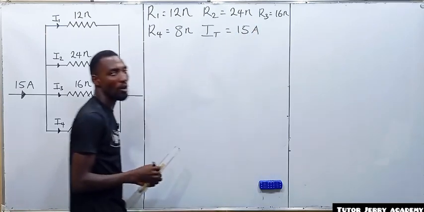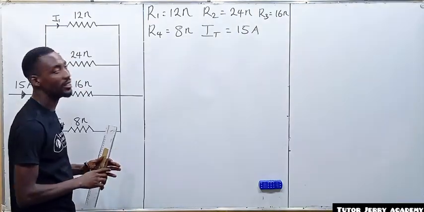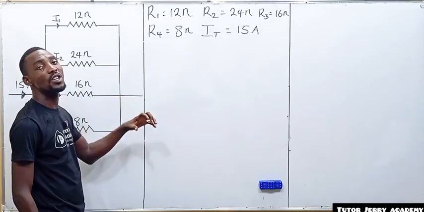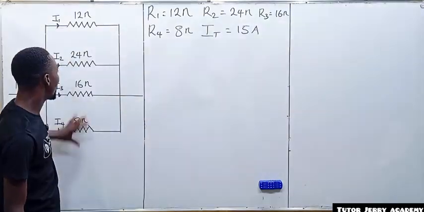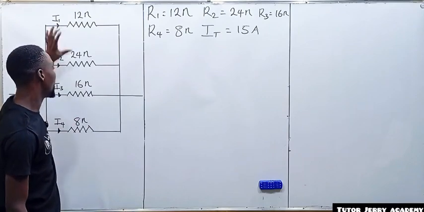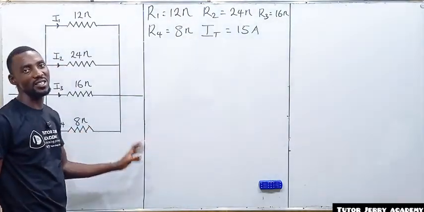Please, if you have not watched our video on the application of current divider rule when we have 3 resistors in parallel, quickly watch that so that you have the proper understanding on this as well.